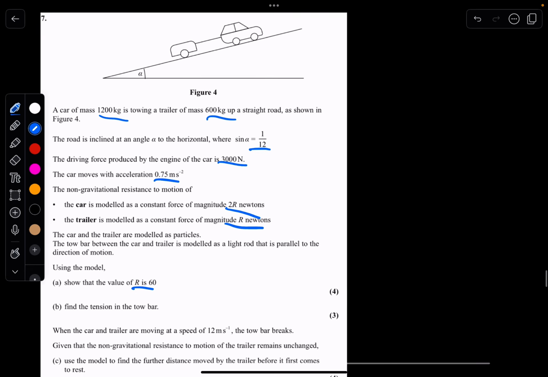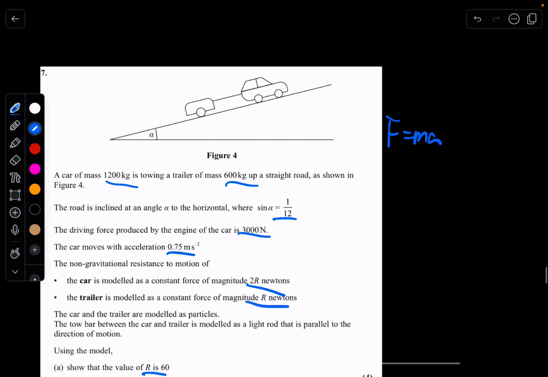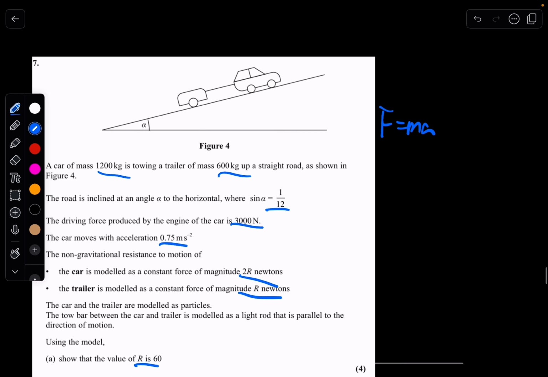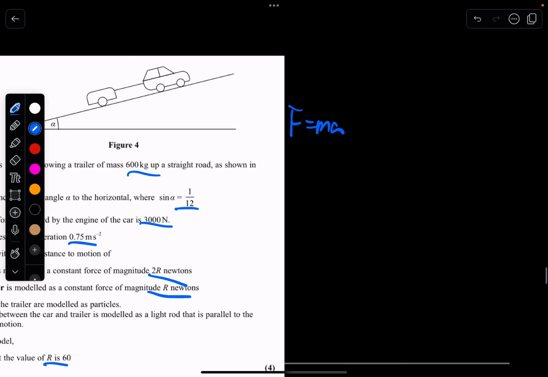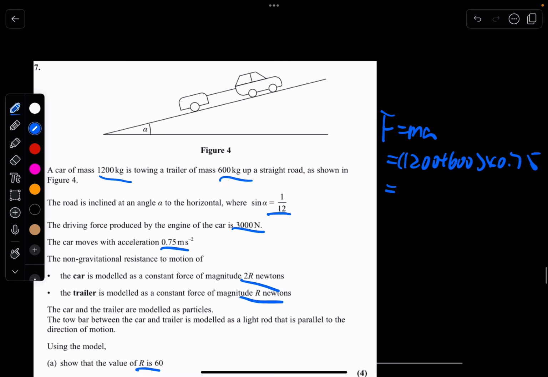So given all of these numbers, what I would do is F equals ma. Now we know that m is 1200 plus 600, and then times 0.75, and this is also equal to all the forces summed together, right? So we have to find out all the forces. First, this is 3000 newtons here, right?